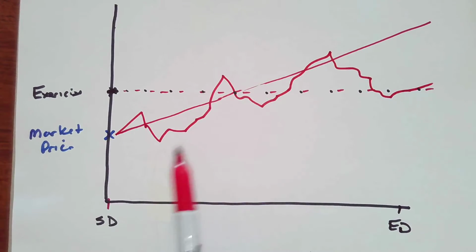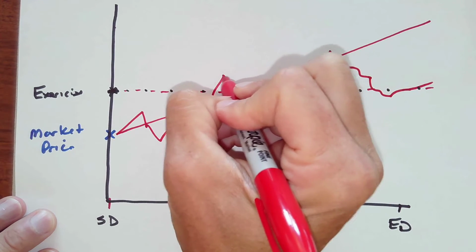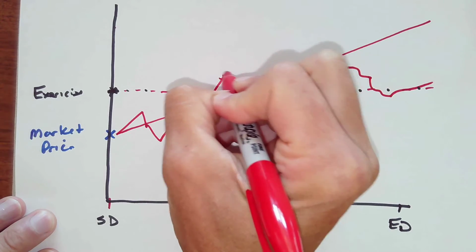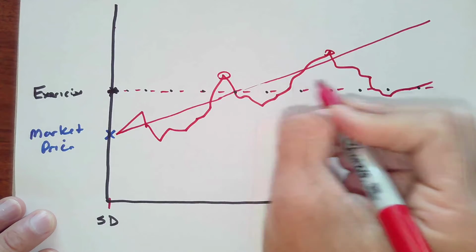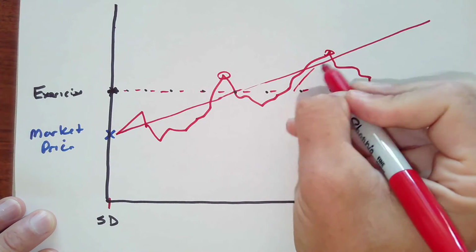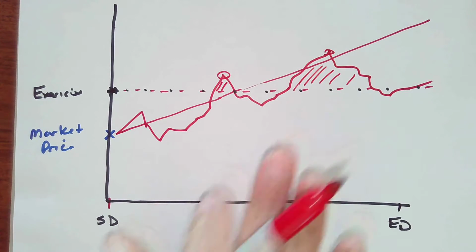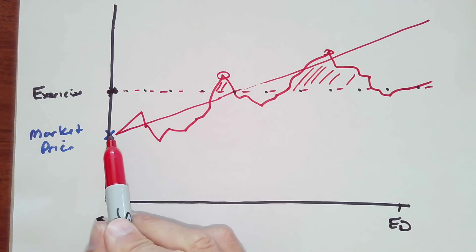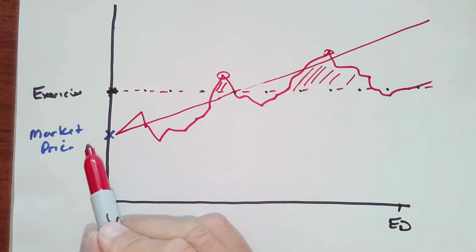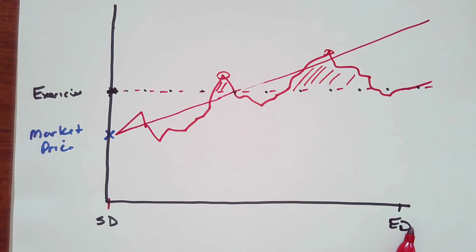So when would somebody exercise this particular call option? They would exercise it at points where they believe that, here and here, in any of these areas where it is over the exercise price, are likely points when they would exercise. So when we think about trying to figure out what the value is, it's not just about the market price and exercise price, this distance.